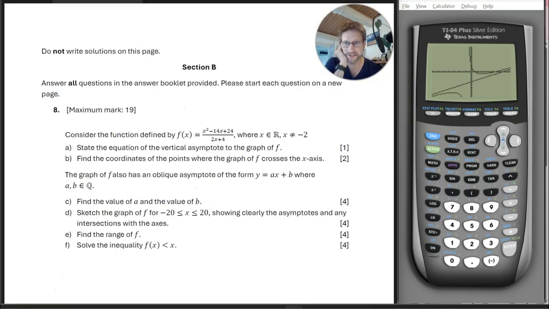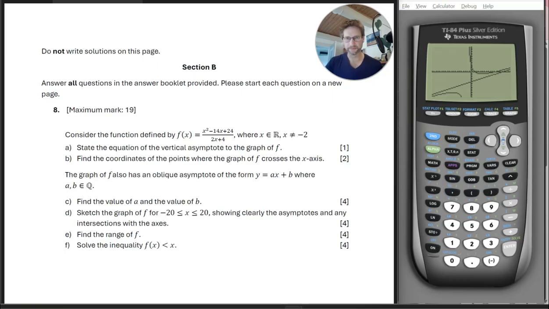Now, question D says we have to sketch the graph for x between minus 20 and 20, clearly showing the asymptotes and any intersections with the axis. So the intersections with the x-axis we already have, but there is an intersection with the y-axis that happens when x is 0. So for D, I want to first calculate f of 0.